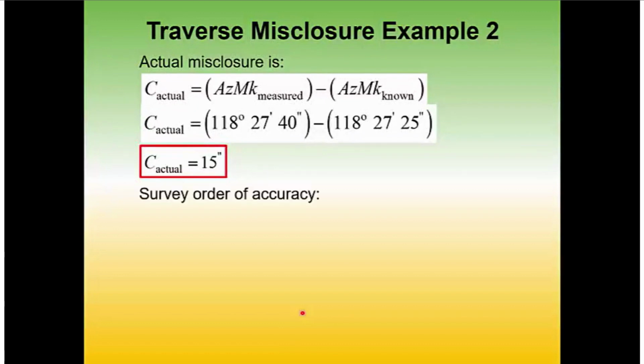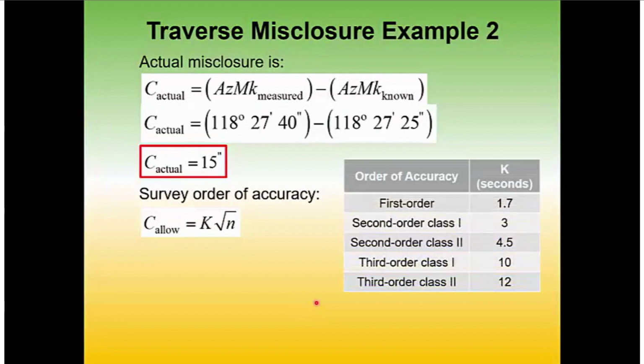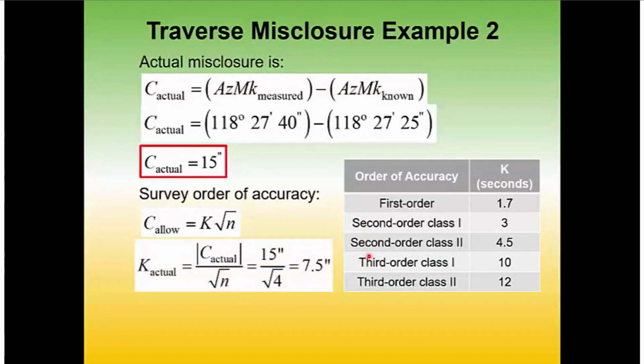The second part is, what's the order of accuracy of our survey according to FGCS standards? Well, again, we use the same exact equation as we did in the polygon traverse. C allowable is equal to K times the square root of N, where K is one of these values in this table here. Again, instead of trying to compute the allowable closure for each one of these survey types or classes, let's just solve for our own K value.